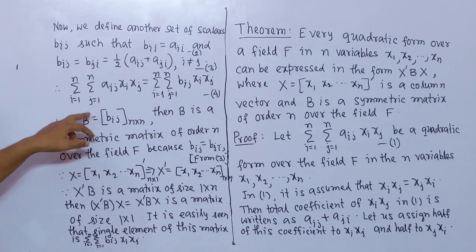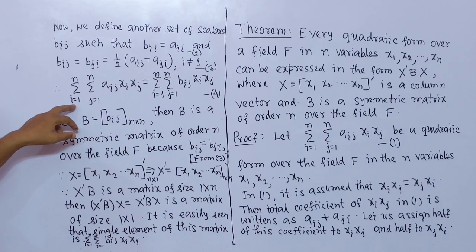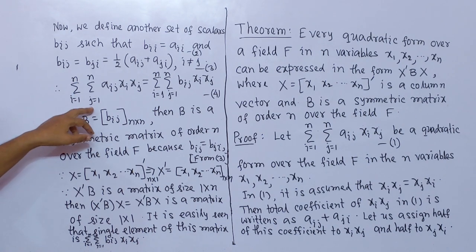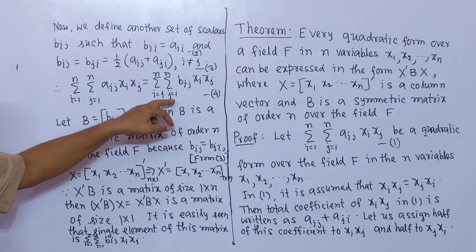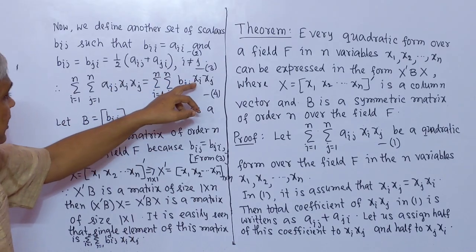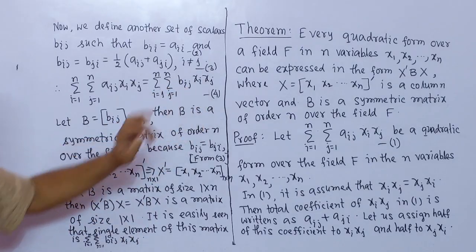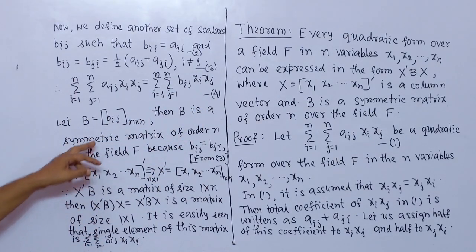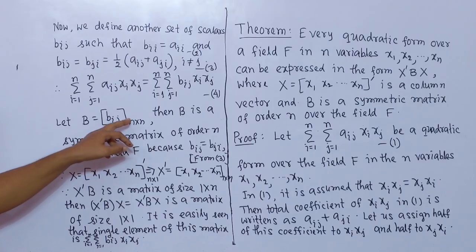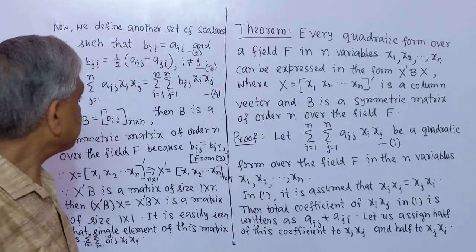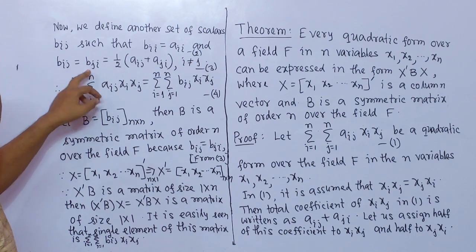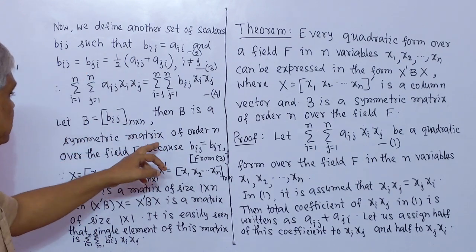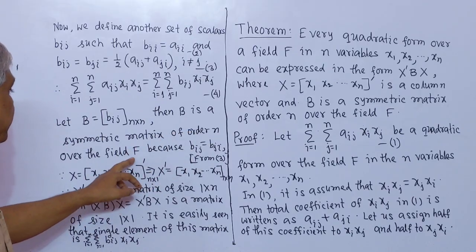Therefore, we get that sigma i 1 to n, sigma j 1 to n, aij xi xj equal to sigma i 1 to n, sigma j 1 to n, bij xi xj. This is number 4. Let capital B be n by n matrix. This is a symmetric matrix because here we see that bij equal to bji, and the symmetric matrix of order n over the field F.